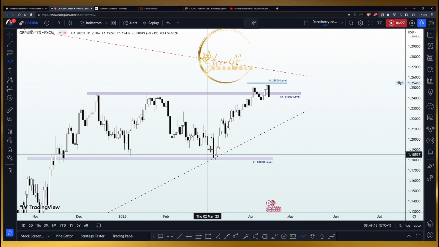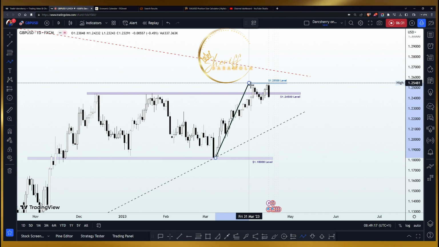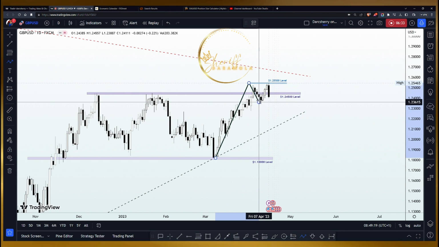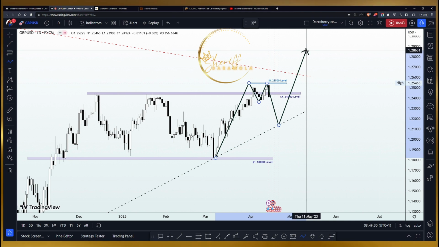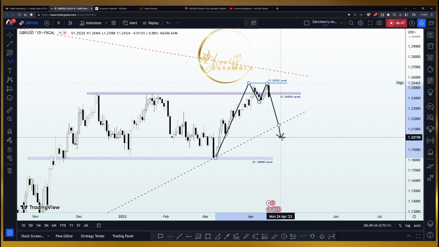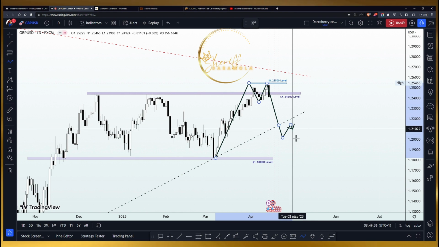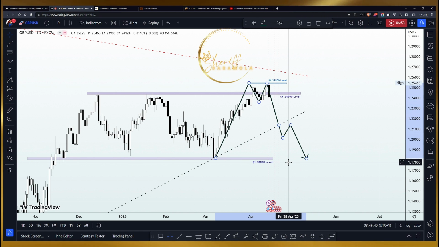If we consider the impulsive move that led into the structure, there is a high chance that we might see price action do some retracement back into either the trend line here to incite another wave of bullish momentum, or probably drop below the trend line to incite a trend continuation back into that support line at the 1.1800 area.